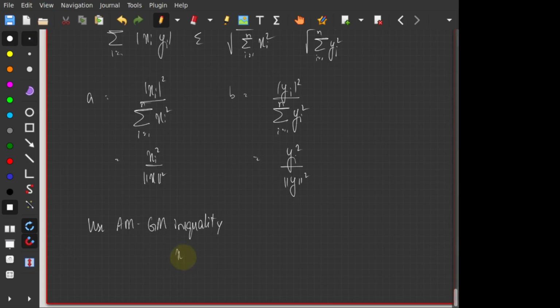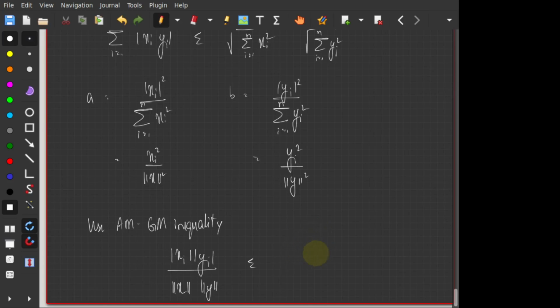What would the left hand side be? Square root of AB, which is mod xi mod yi by norm x times norm y, less than or equal to the right hand side, A plus B by 2.